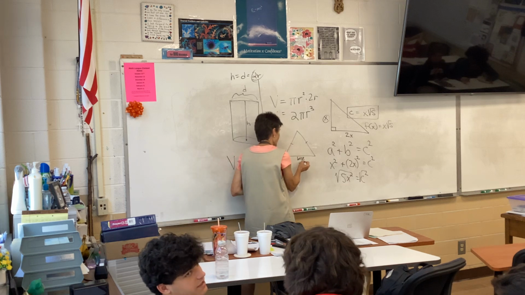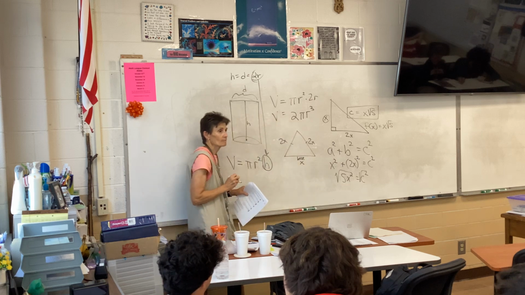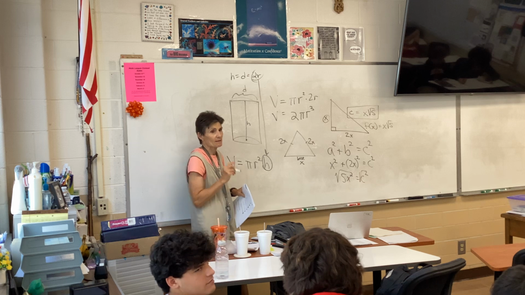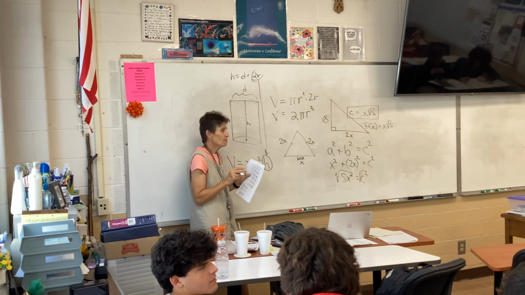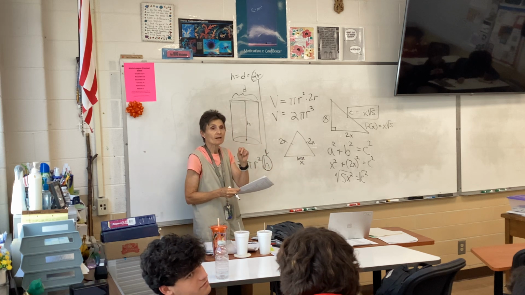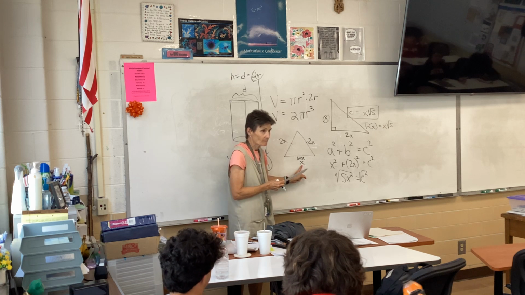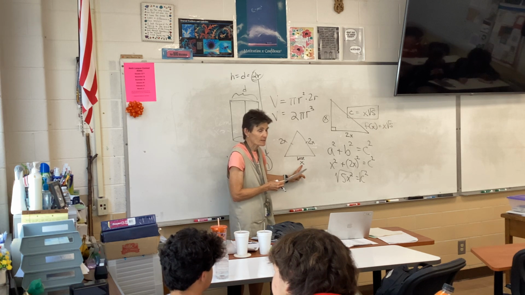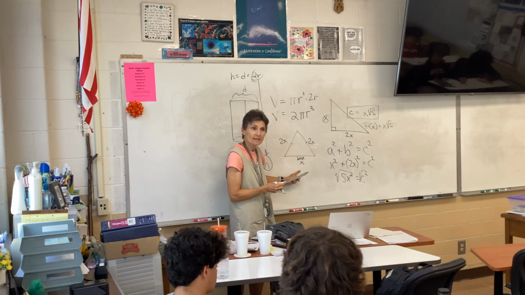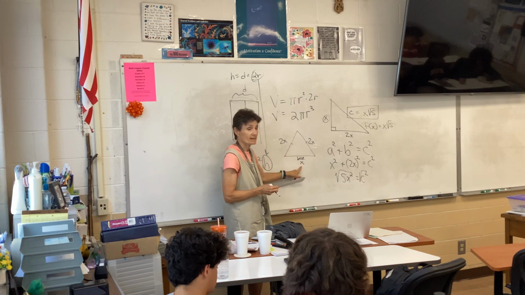So if this is x, would these be 2x? Now I'm cheating a little bit because I'm reading ahead. I am supposed to write my equation as a function of the length of the base. So the length of the base has to be my x. Because I heard some of you say x, 1/2 x. And that would be okay, except your x is the side, and the problem says x has to be the base.